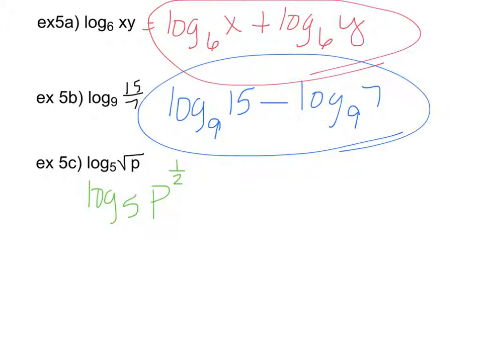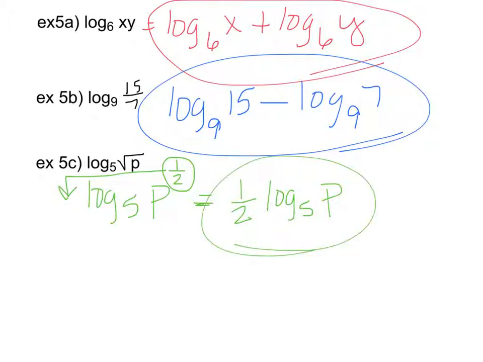So I'm going to take this 1/2 here and bring it in front. So I actually have 1/2 log base 5 of p. That's it. You just bring the power in front so you no longer have that exponent you're trying to deal with. You can bring it in front and work with it.